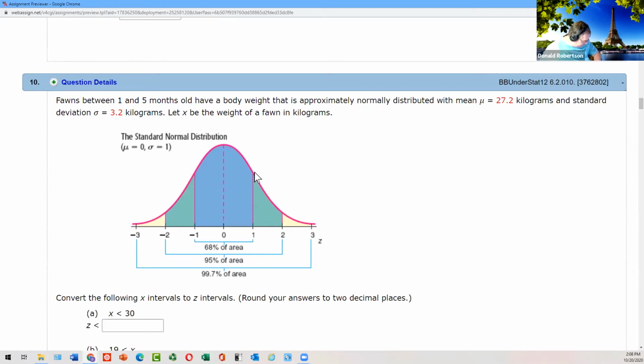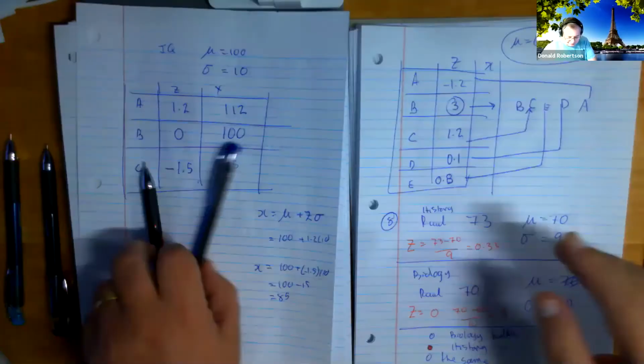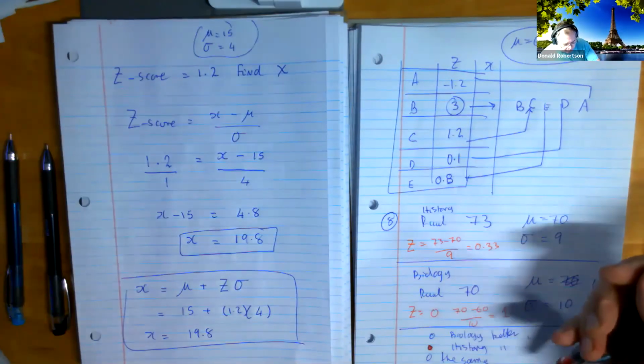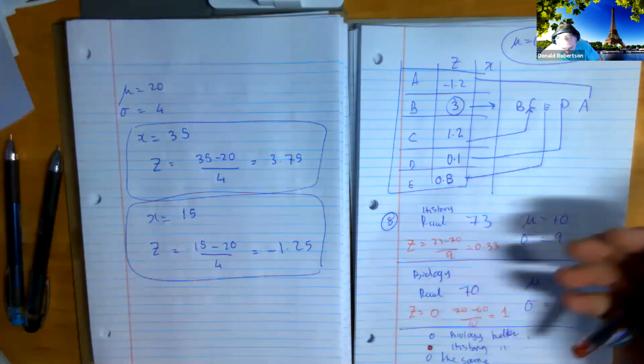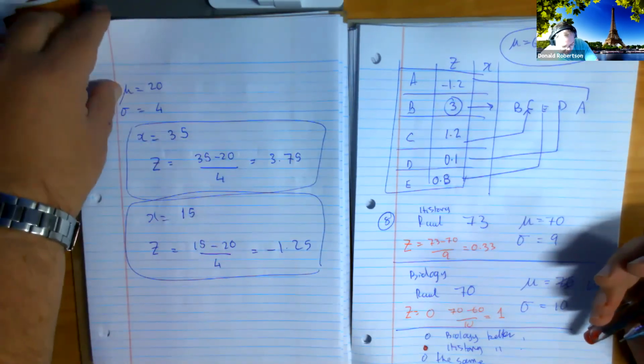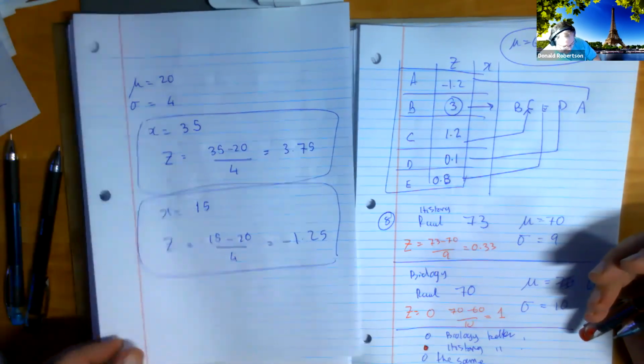I'm going to move on to what's probably going to be our last topic for today. We're going to be looking at the standard normal distribution. Now we have a normal distribution, but we haven't looked at what's called the standard normal distribution.